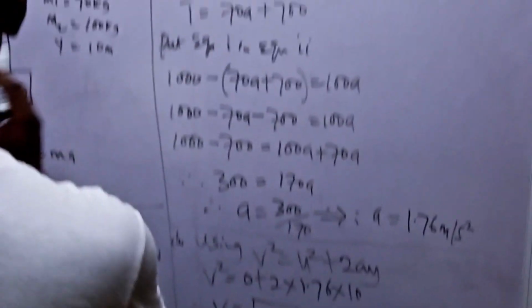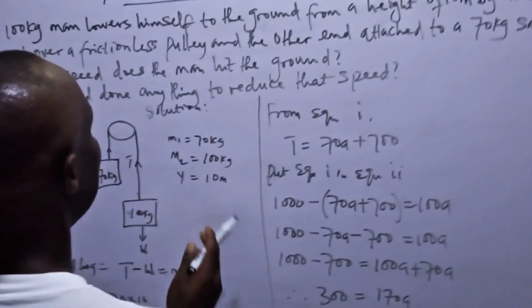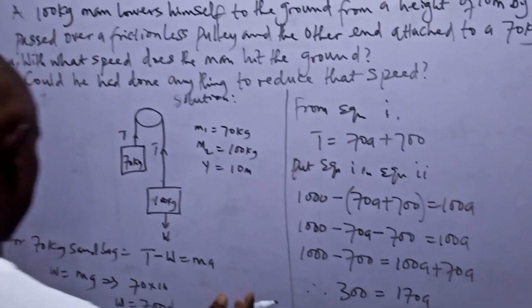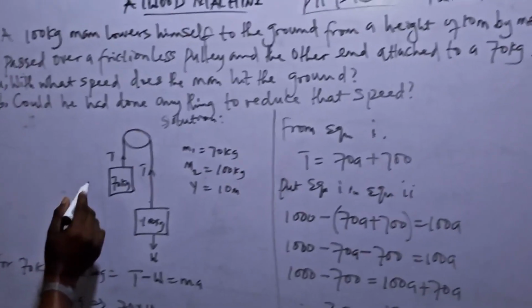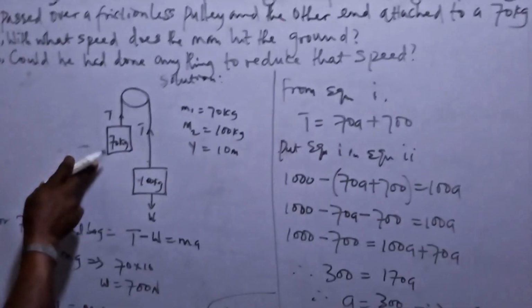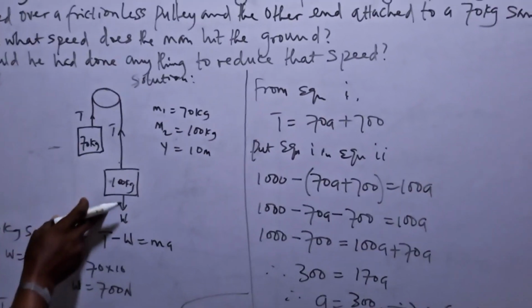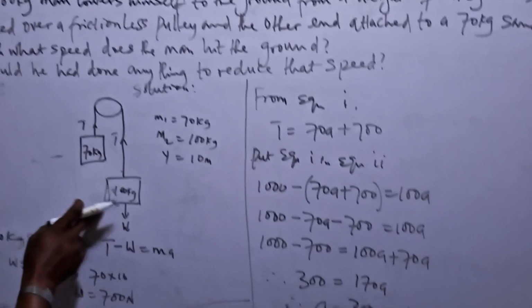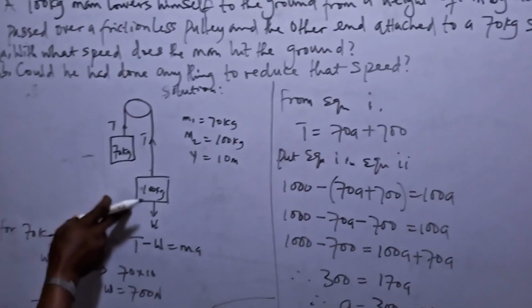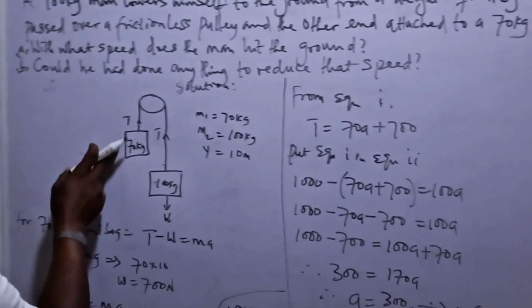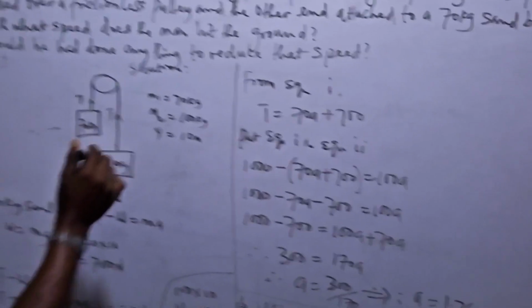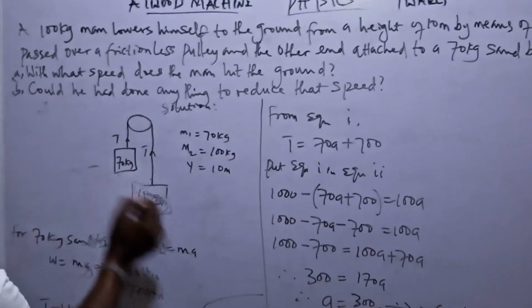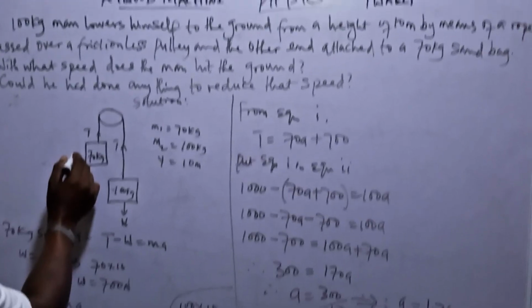Now, the question is saying, could he have done anything to reduce that speed? Yes, he could have reduced the speed by increasing the mass of the sandbag. If the mass of the sandbag was the same as his own weight, or higher than his own weight, he could have landed safely, because his own weight here overwhelmed the weight of the sandbag.